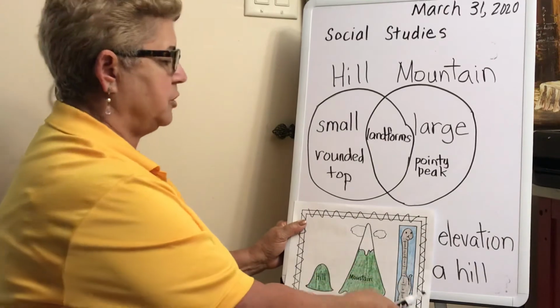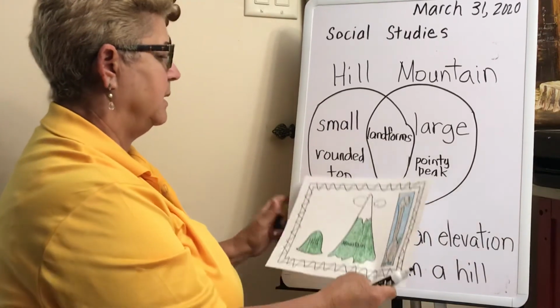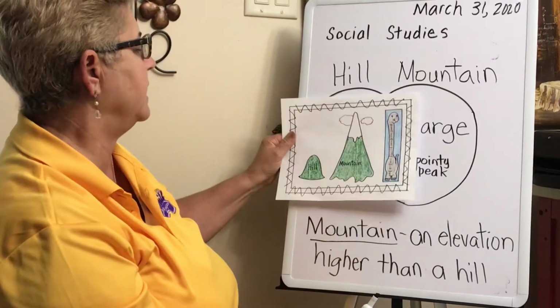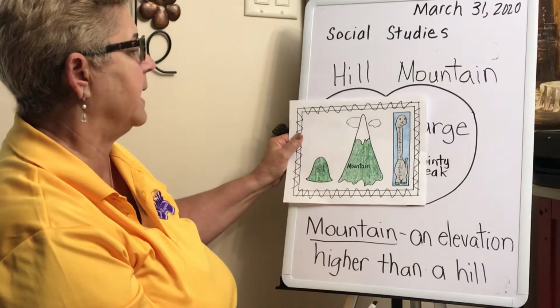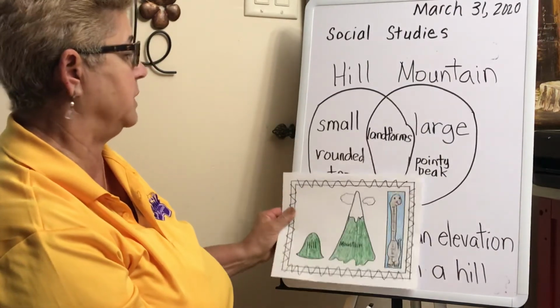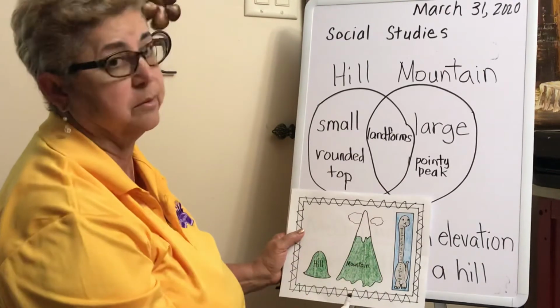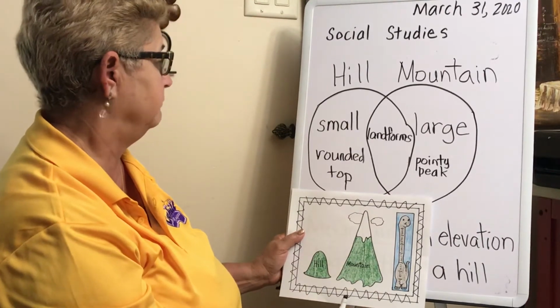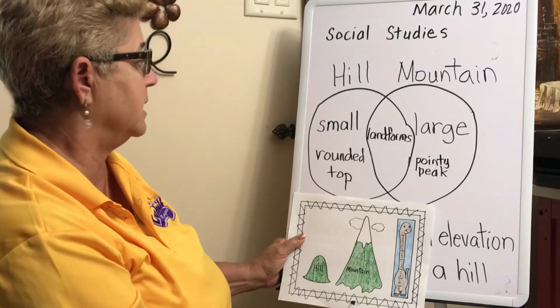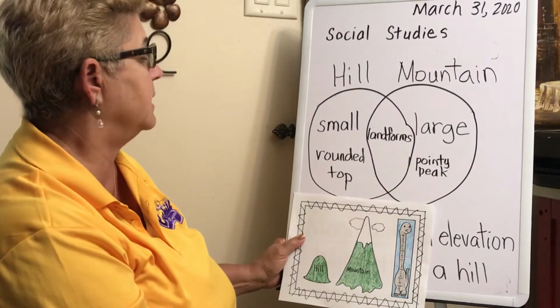And this page shows that they decide if it's a hill or a mountain by how high it is. They measure it. And so this is an example of a ruler in the form of a dinosaur. So far we say that a hill is small. It has a rounded top.